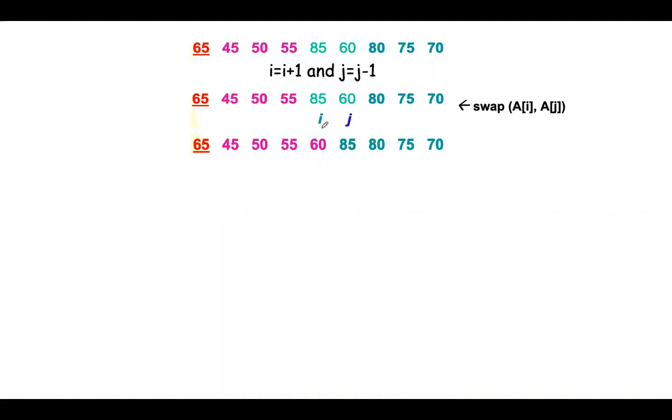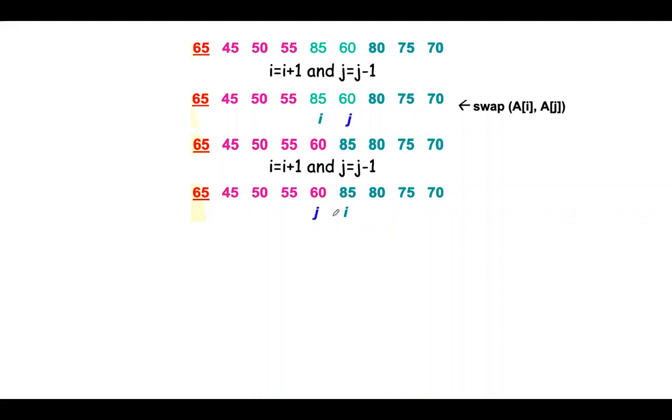What is the next step? Again, increment I, and a of I is greater than 65. So I will come here. Decrement j, j will come here. Okay, increment I and decrement j.